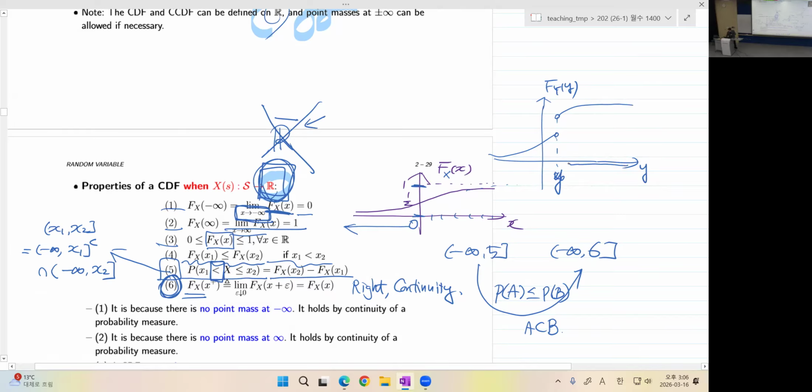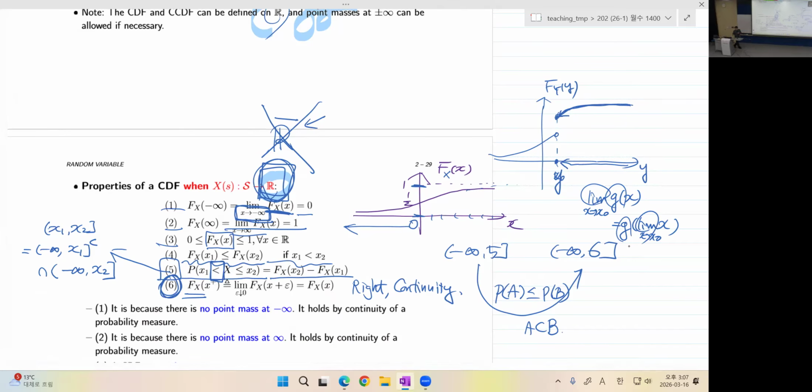But if you approach from the right, moving downwards to x0, then your value becomes smaller, and here you have some value that is the same as your limit. So if you approach from the right, then you have continuity. Continuity means that you can change the order between limit and function, right? So if you approach from the right, then you can switch the order of the limit and function operation. That is the property of the CDF.